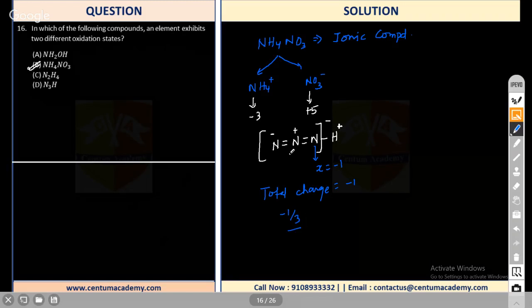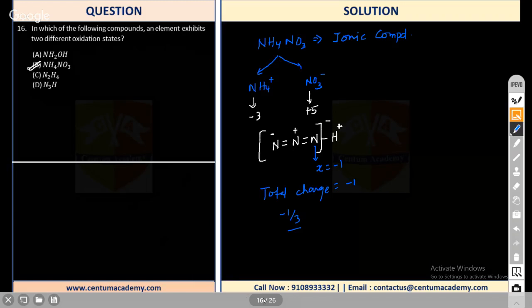They are talking about oxidation state, so oxidation state is nothing but the average value. For oxidation number we'll check each atom. Is it clear? So in N3H, the charge on each nitrogen atom is minus 1 by 3. Understood?